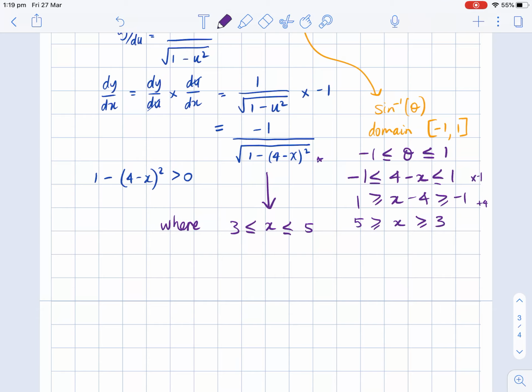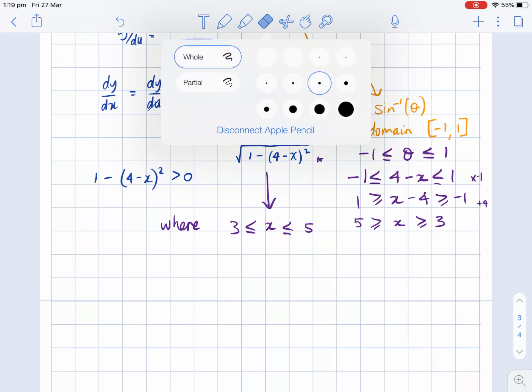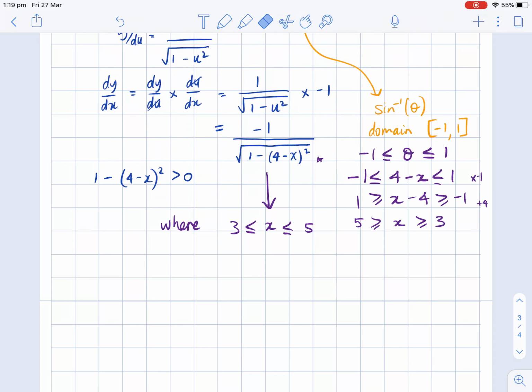So this will give me zeros in the bottom, but the extra little part here is derivatives don't exist at the endpoints. So if I go a little bit further on this problem, the endpoints existed in the original function inverse sine of theta, but the endpoints won't exist in the derivatives, so I don't want equal to.